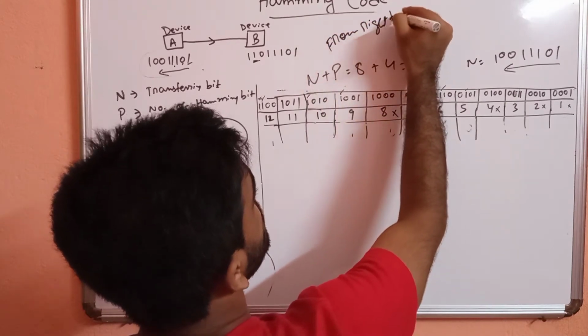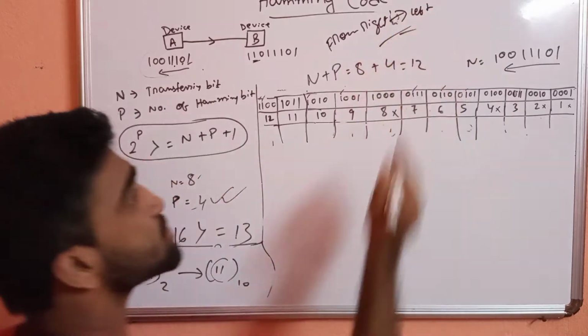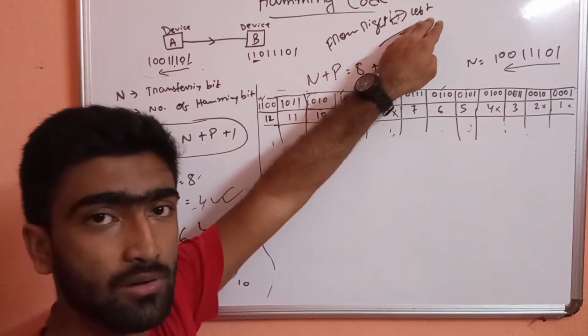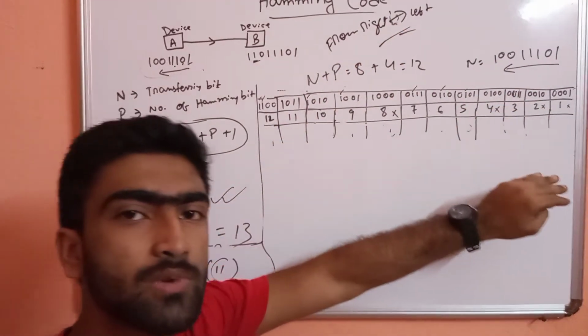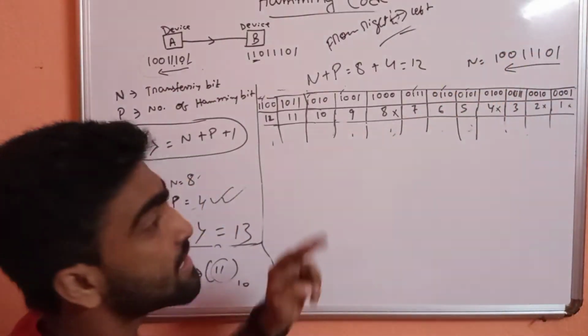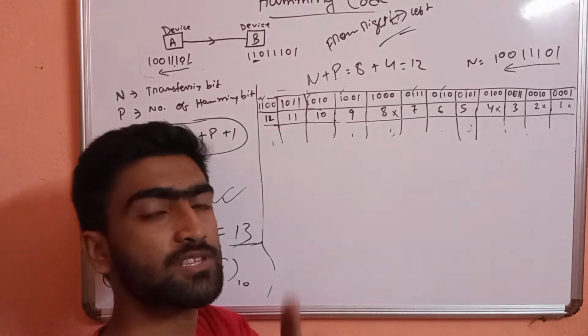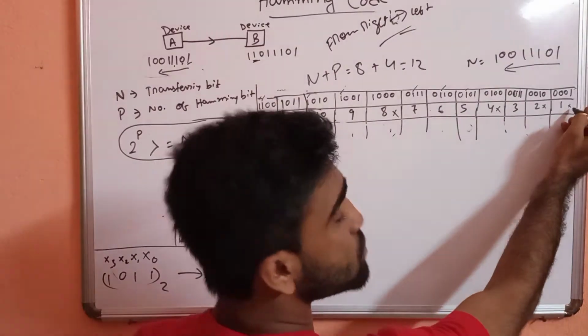Very important. If you do this wrong, then the whole Hamming code will be wrong. Copy this code from right to left, leaving the power-of-2 places. Leaving the power-of-2 places is very important. 2 to the 0 is 1.